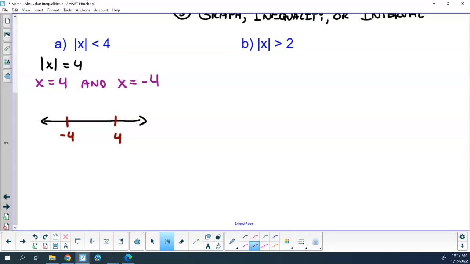Pick me a number. 2 or 3, they're both in the same zone, in that middle zone. So if I put in the absolute value of x is less than 4, if I put in 3, what is the absolute value of 3? 3. 3 is less than 4.